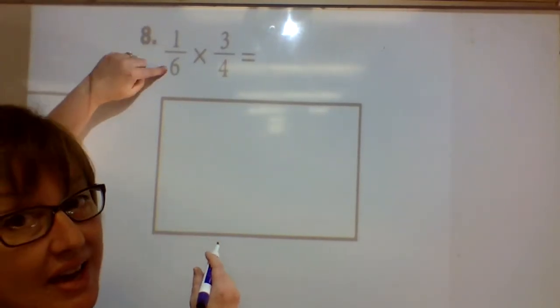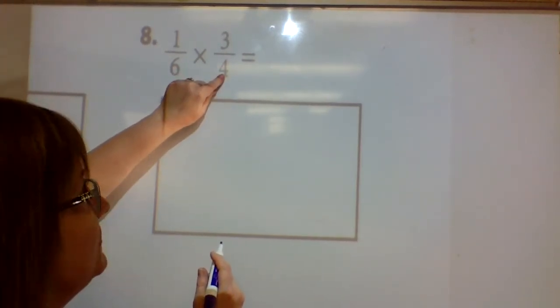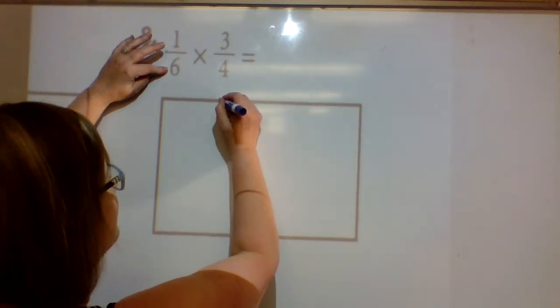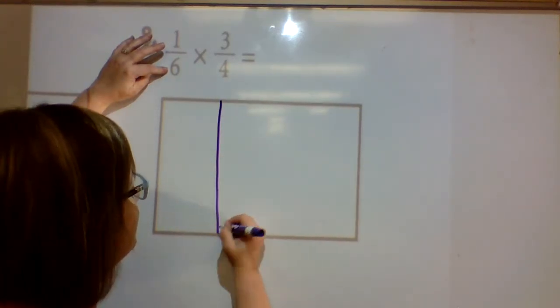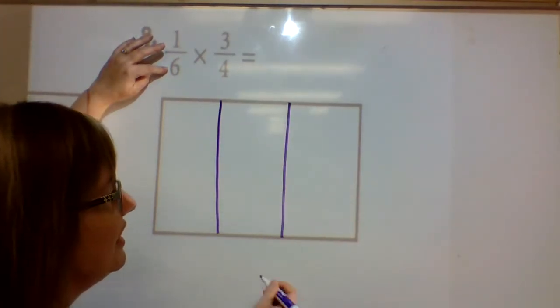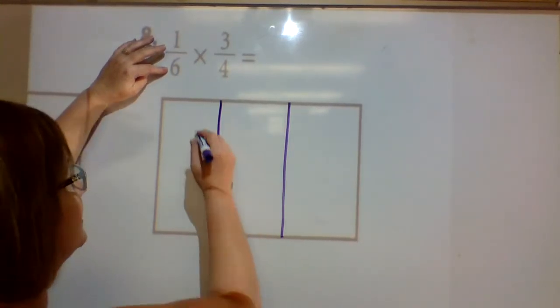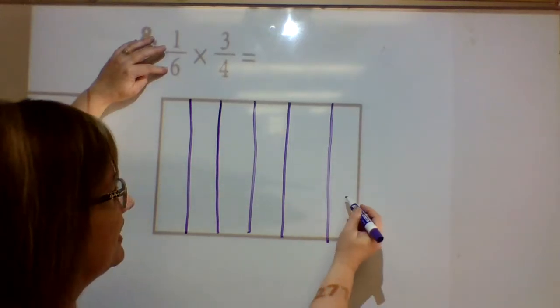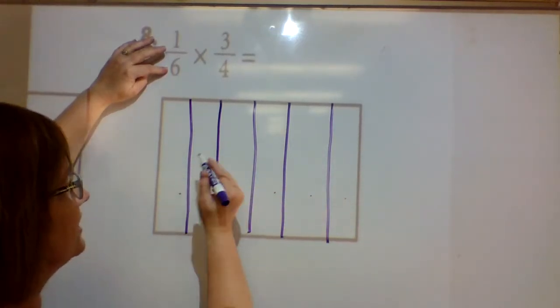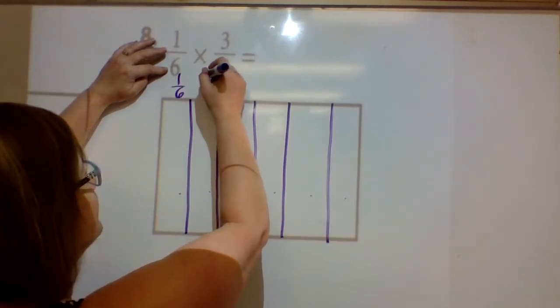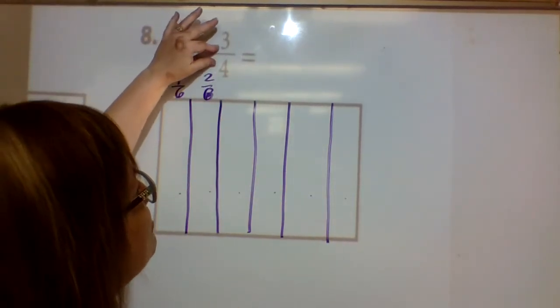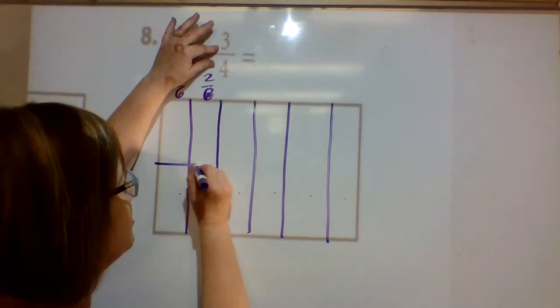All right, again, you've got sixths and fourths. I'm going to go with the sixths first because that's going to be harder to do. Okay, so I would do it in thirds first, and then each half of each third is a sixth. So there's 1, 2, 3. Should be 6. 1, 2, 3, 4, 5, 6. So this is 1 6, this is 2 6, 3 6, and so forth. Okay, and 3/4. Okay, now we're going to do the other way, fourths.